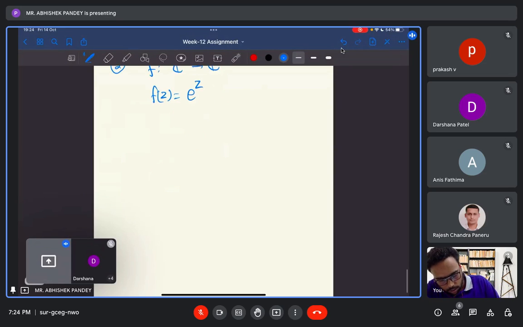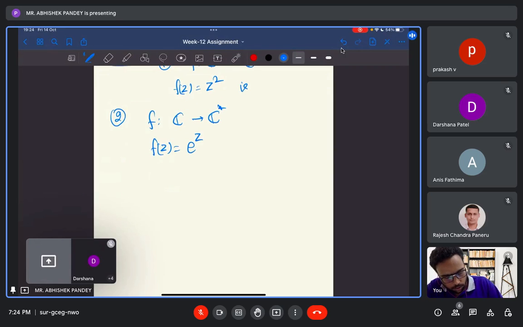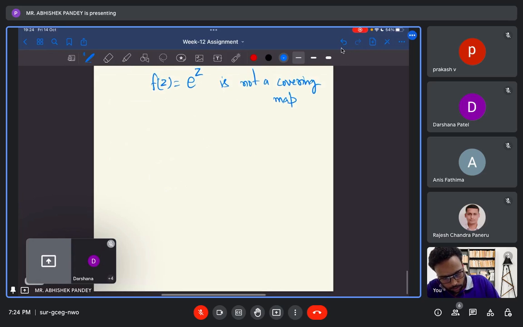Let us see one non-example, okay. So f is not a covering map. Third example: f from C to C, f(z) equals z squared, is not a covering map.